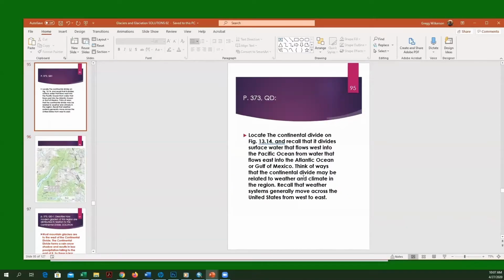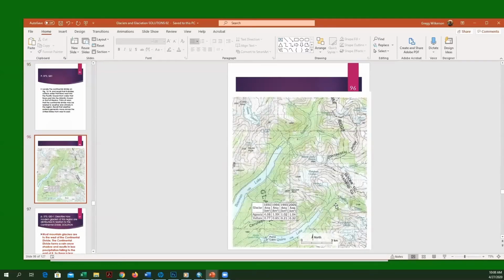Think of ways that the Continental Divide may be related to weather and climate cycles. Recall that systems go from east to west. The weather patterns come from east to west. And if the weather pattern hits a mountain, it goes up over the mountain.